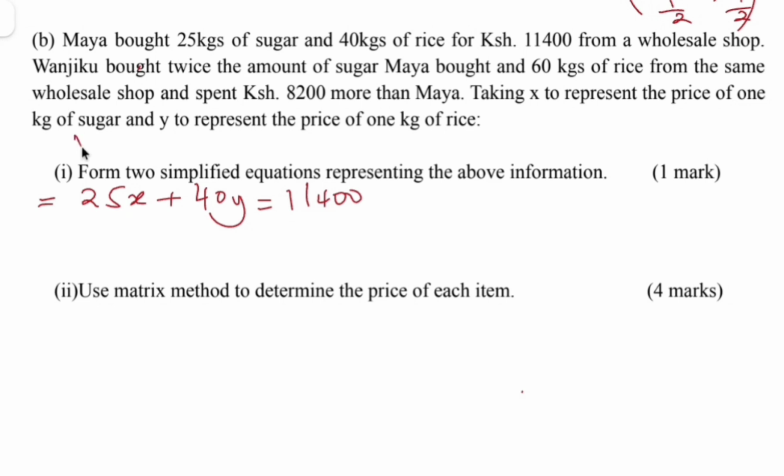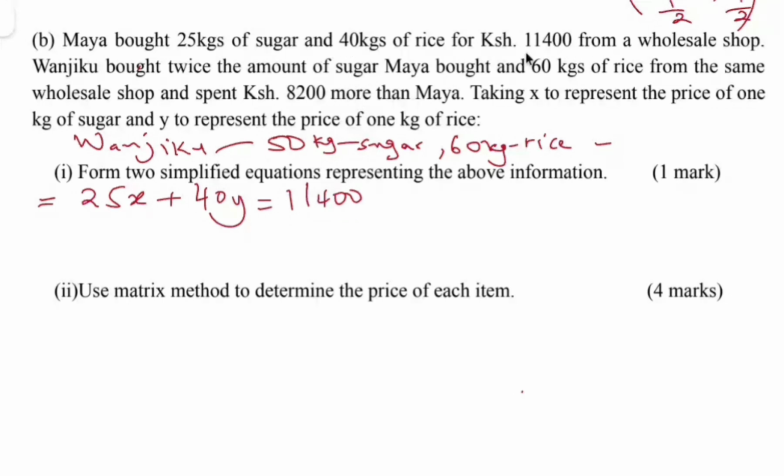Umeambiwa Wanjiku alinunua twice the amount of sugar Maya bought. So Maya alinunua 25 kg, so Wanjiku atanunua 50 kg of sugar. Mpaka hapa tumeelewana. Lakini ni 60 kg of rice, for a total of hujui, and spent 8,200 shillings more.